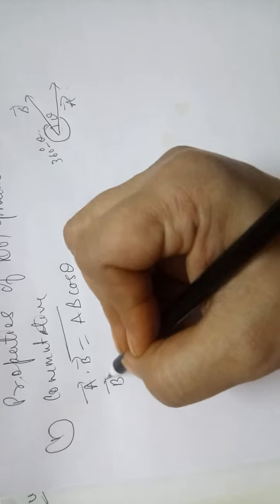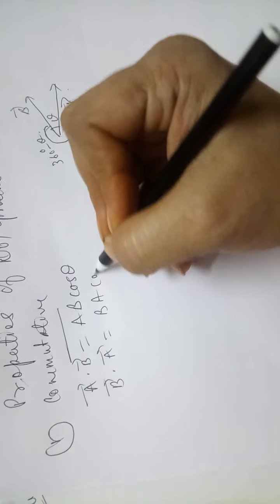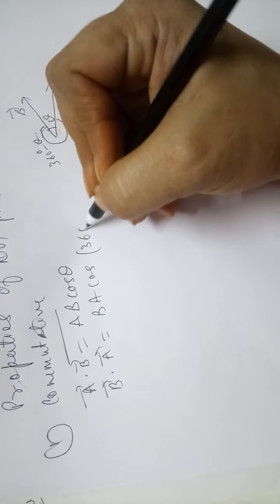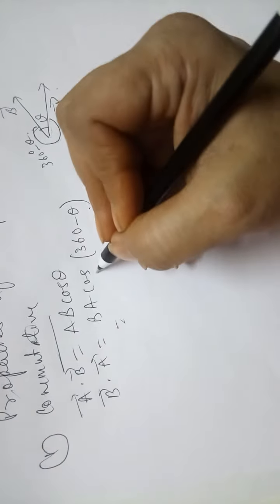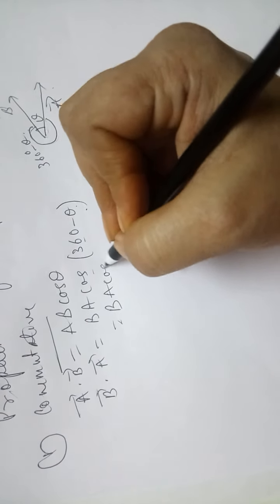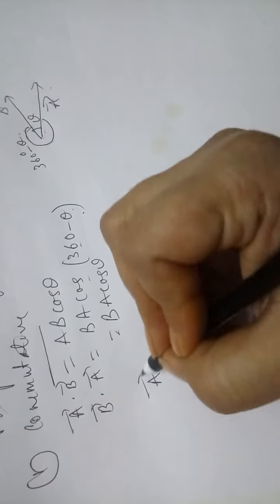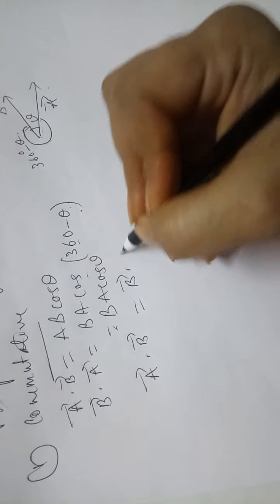But if I write b vector dot a vector, then it is ba cos of 360 degree minus theta. Cos of 360 degree minus theta is again cos theta, so that is ba cos theta. That is, a vector dot b vector is equal to b vector dot a vector.